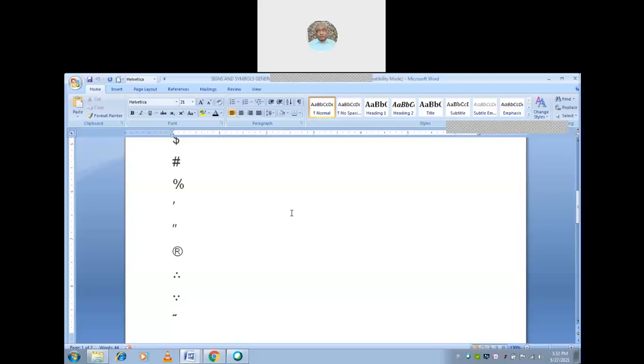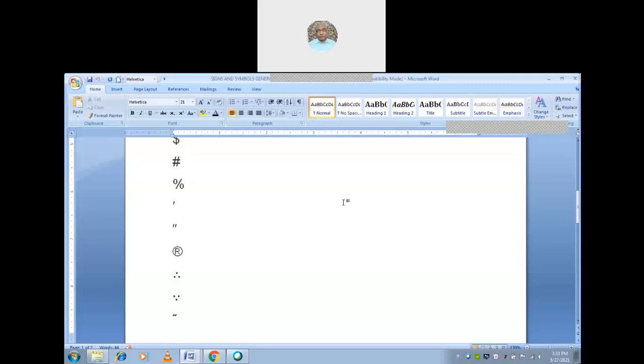Next, percent. Next, not apostrophe, it's a prime, single prime. The single prime is shown when there is a measure in feet, like 6 feet height.